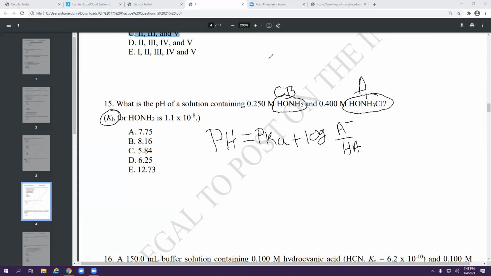If you're confident in your calculator skills, Kw is Ka times Kb, so Ka is equal to Kw divided by Kb. You can solve for Ka that way, plug it in, boom, you're done. That's if you're confident in your calculator skills. If you're not, here's the other way to solve for this.